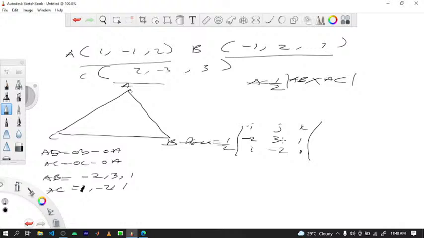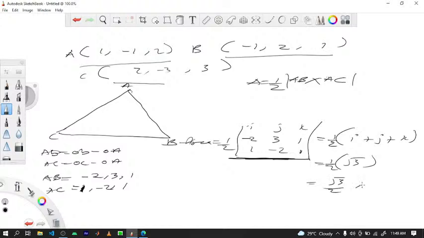Because there isn't a negative magnitude, right? Okay. So when you solve this with your calculator, it's going to be half, and the vector you are going to get will be i plus j plus k when you solve this cross product. Okay. And with i plus j plus k, that magnitude is what? Root 3. So it gives us the area as root 3 over 2.